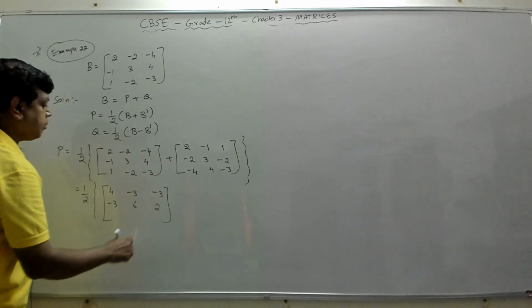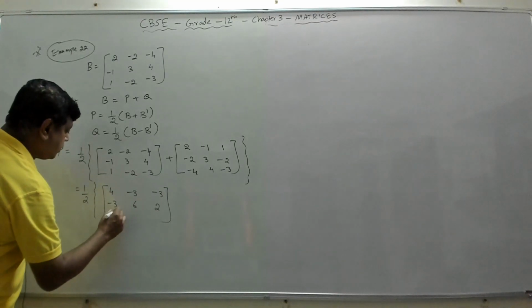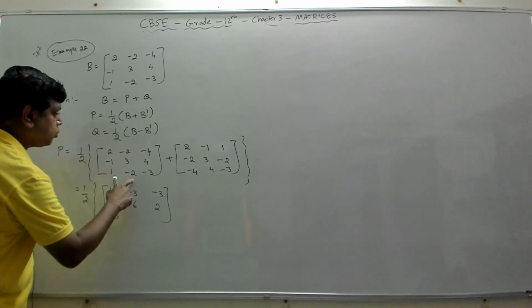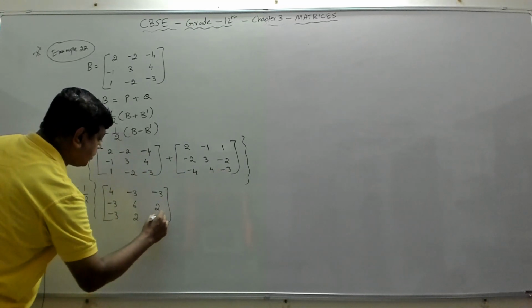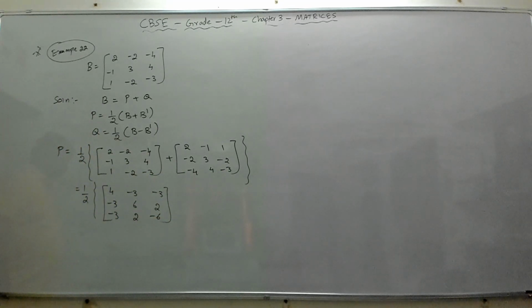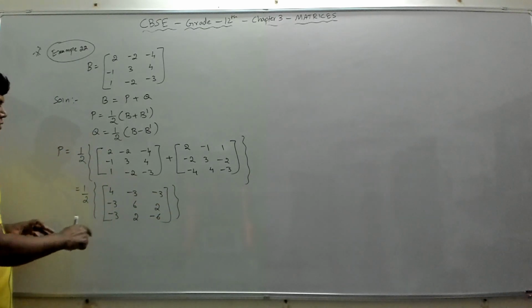Sorry, 1 minus 4 is minus 3. Then 2, and minus 3 minus 3 is minus 6. Fine. So this is the sum of B plus B transpose, and the whole half of this.